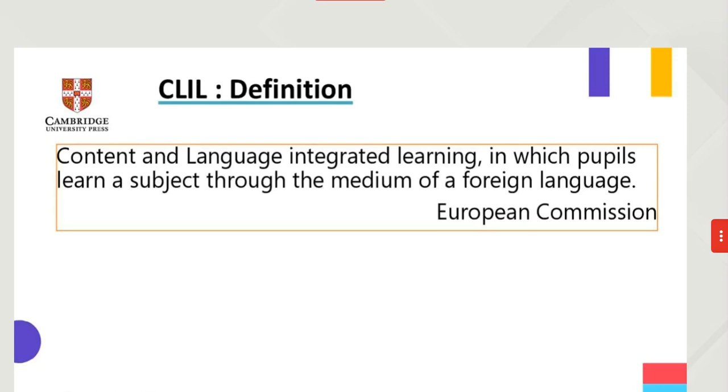Because it doesn't really tell us to what extent or to what level learners learn a subject through the foreign language. And it doesn't really give us any reasons at all for doing CLIL. So why should we consider incorporating CLIL lessons into our courses?